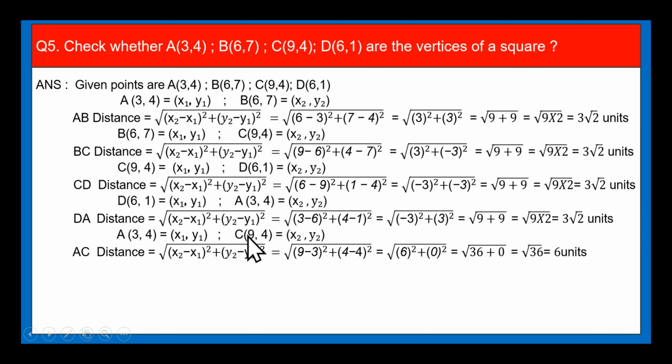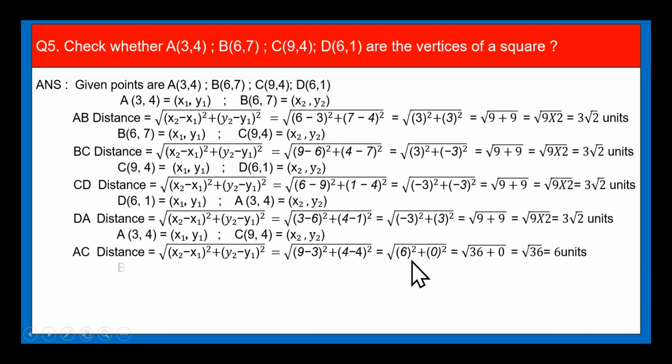The length of the diagonal AC is equal to root over (x2 minus x1) whole square plus (y2 minus y1) whole square. x2 is 9 and x1 is 3. (9 minus 3) whole square plus (y2 minus y1) whole square. y2 is 4 and y1 is 4, so (4 minus 4) whole square. 9 minus 3 is 6 square. 4 minus 4 is 0 square. 6 square, 6 sixes are 36, 0 square is 0. Root over 36 plus 0 is root 36. Root 36 is 6 units.